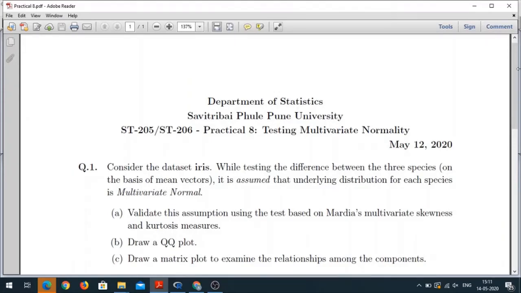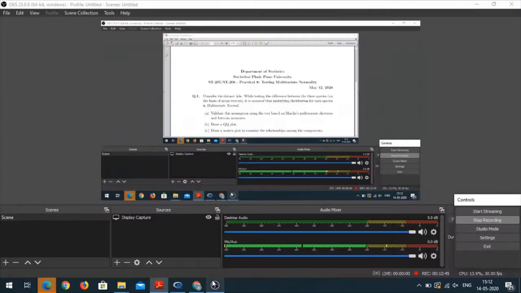So what are sample quantiles? The sample observations themselves we take as quantiles. The only thing is we need to order the observations. The lowest observation would be the 1 by nth quantile and so on. Let us see that in more detail.